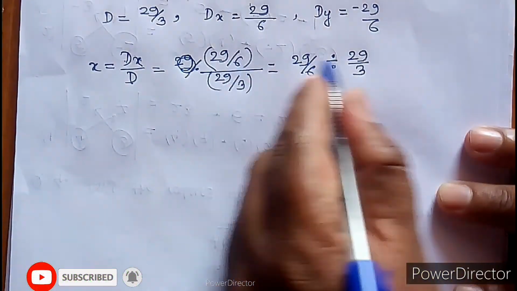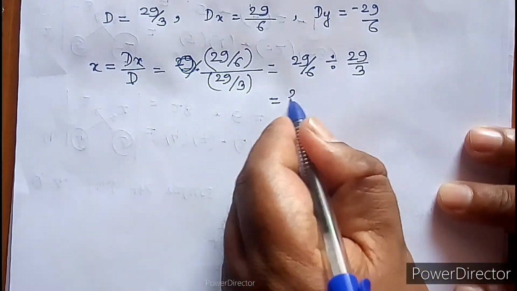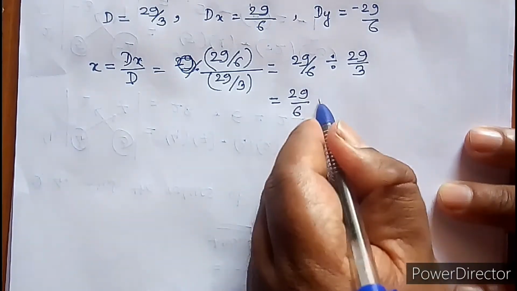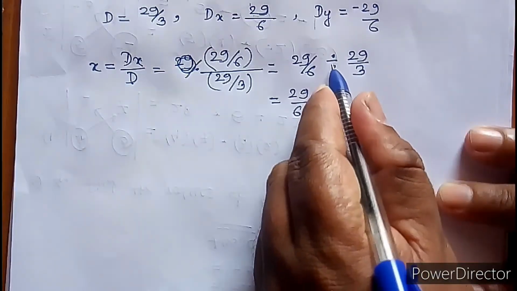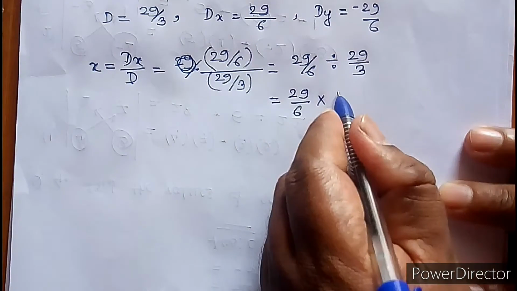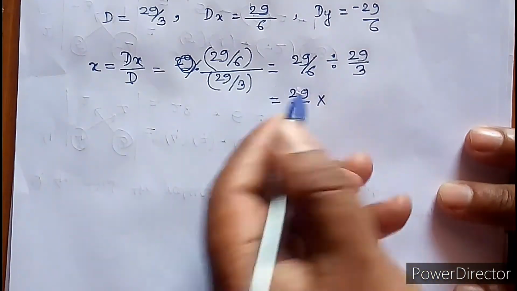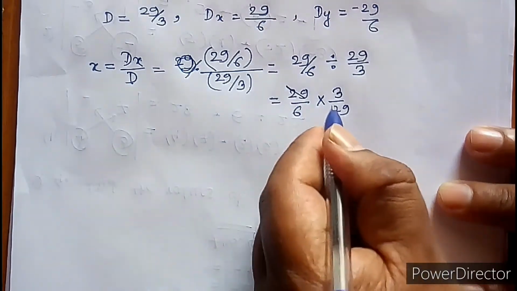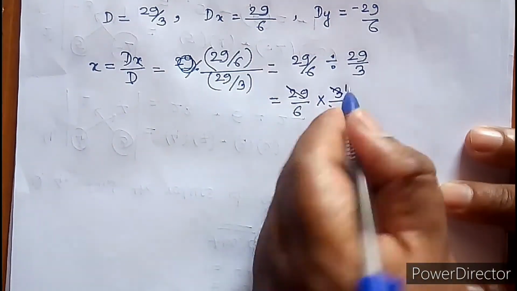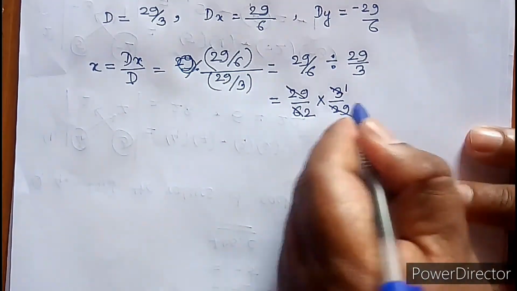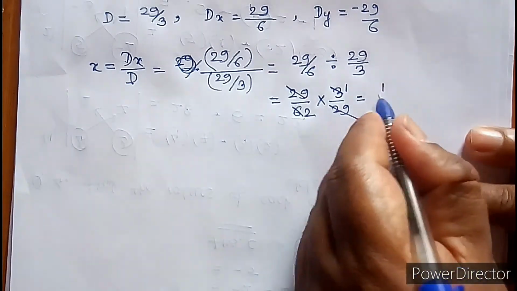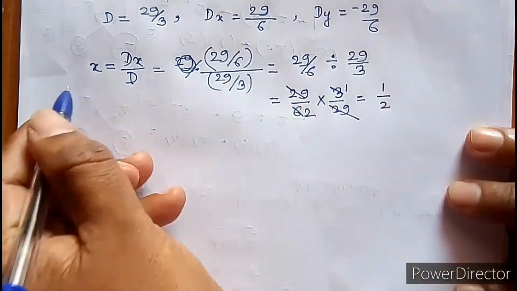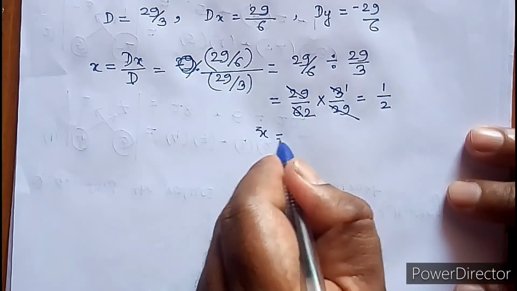On solving, the division sign changes to multiplication, then we have to make inverse of this 29 by 3, that is 3 by 29. Now here 29 get cancelled, 3 1s are 3, 3 2s are 6. Therefore we get 1 by 2 here, that is the value of x we get is x equals to 1 by 2.